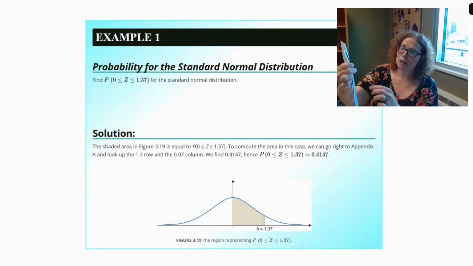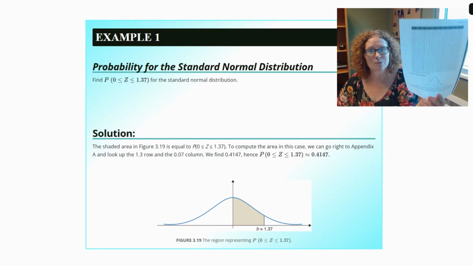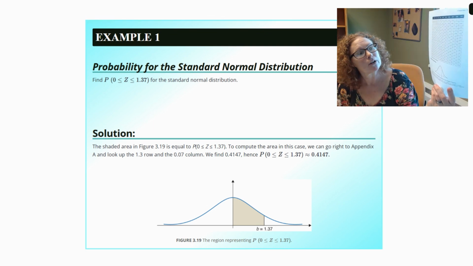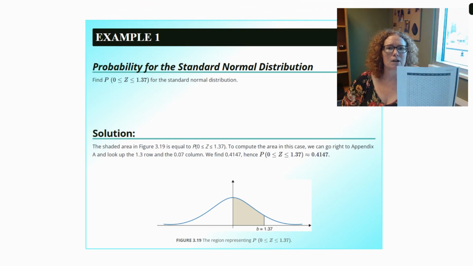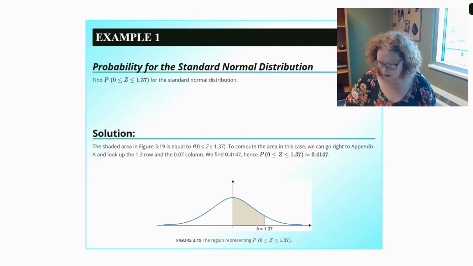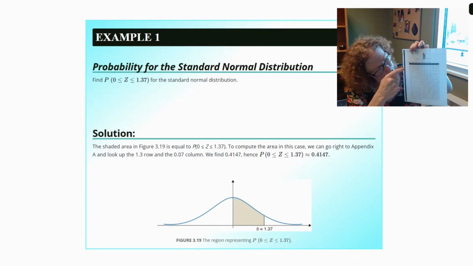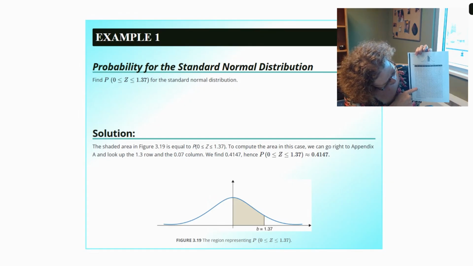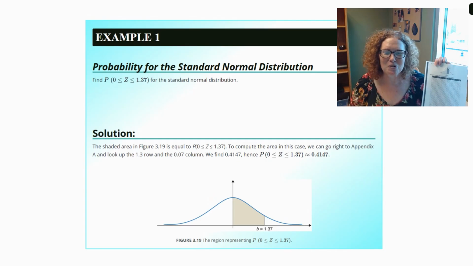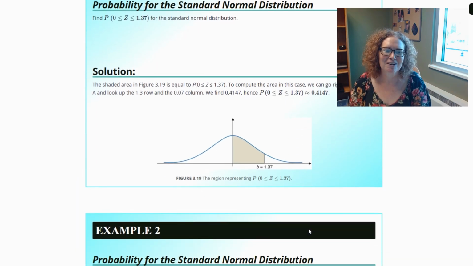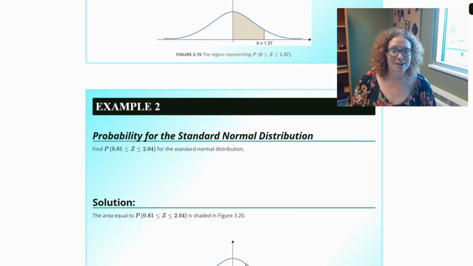You see that it goes down, and the z table goes all the way to 3.4 right there, so you'll be able to figure it out up to that. But then again, here we go: 1.3 across to 0.7. There it is, 0.4147. So that's your answer, 0.4147.